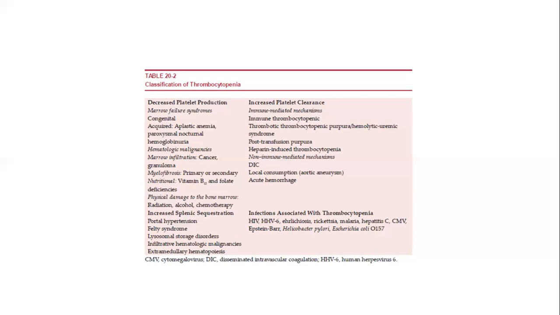DIC is also a consumption coagulopathy. So any syndrome, any infection which damages the endothelium throughout: in the lung, it is going to cause ARDS; in the blood vessel, it is going to cause diffuse endothelial damage. And you know very well that platelet is the first agent to go and repair that endothelial damage by sealing the blood vessel.